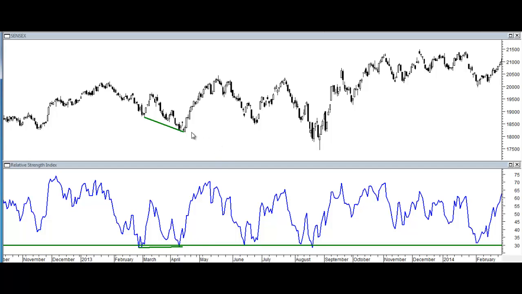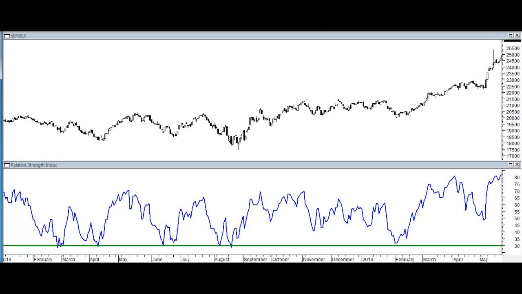And since then, from 18,100 levels, the bounce lasted till 20,400 points. So every time whenever RSI reaches such a zone, it bounces or reacts in a very sharp rally.